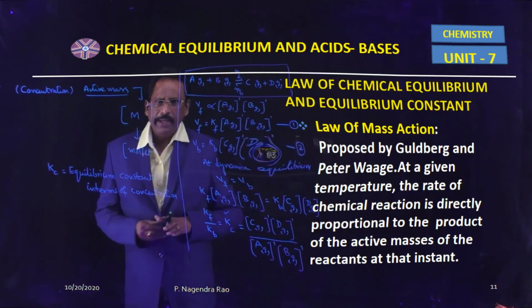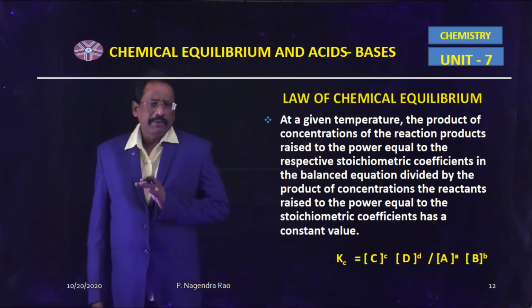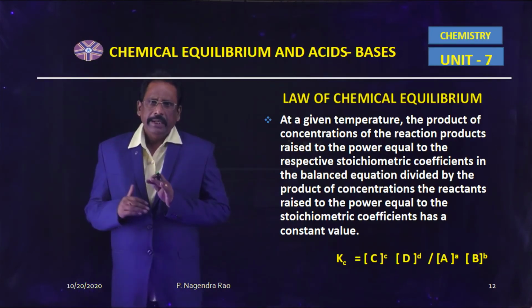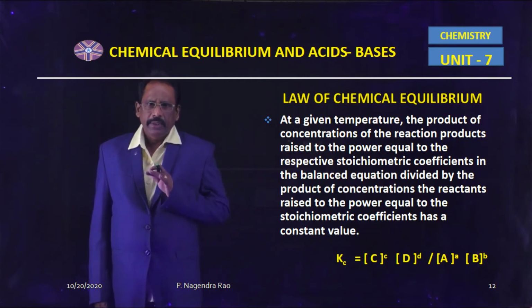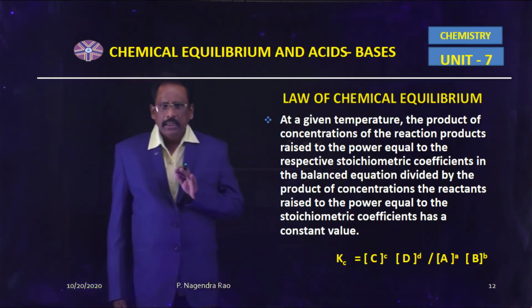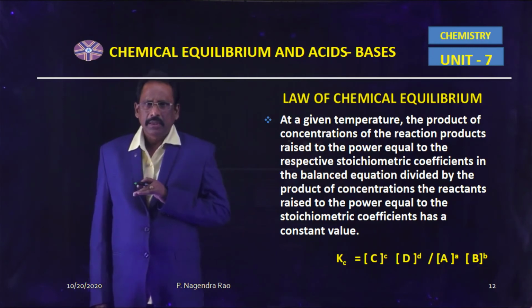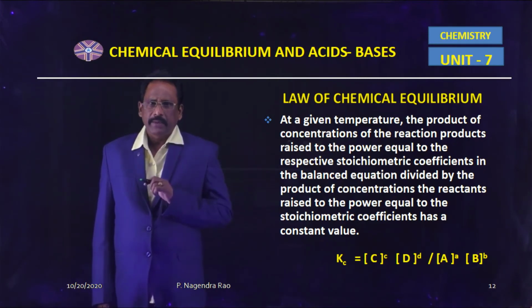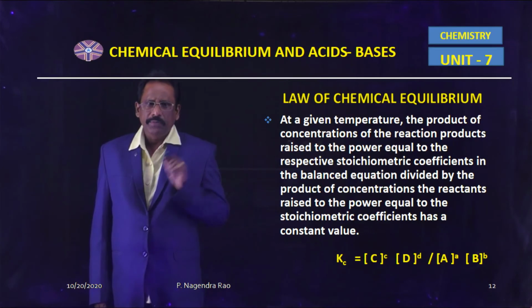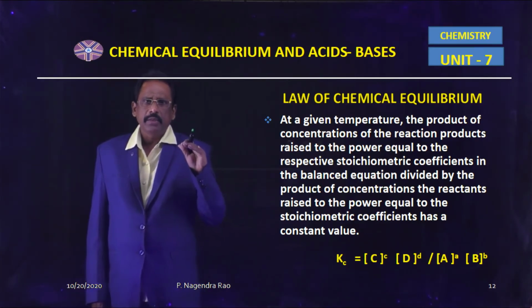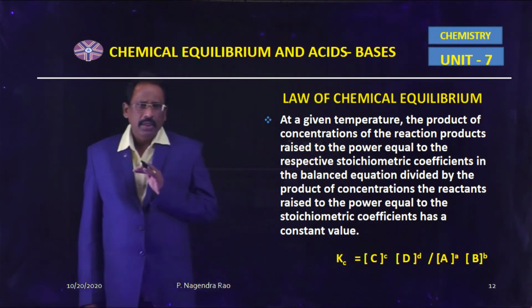Now the law of chemical equilibrium is defined as: at a given temperature, the product of the concentrations of the reaction products raised to the power equal to the respective stoichiometric coefficients in the balanced chemical equation, divided by the product of the concentrations of the reactants raised to the power equal to the stoichiometric coefficients, has some constant value. This is the meaning of the law of chemical equilibrium.